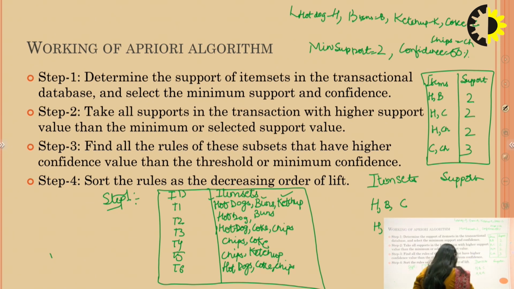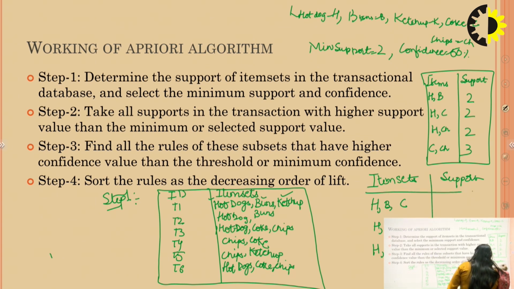Okay. Then we can also take bun, Coke, hot dog, bun, chips, hot dog, Coke and chips. This can also be the pair. So these are the 3 pairs that we got.